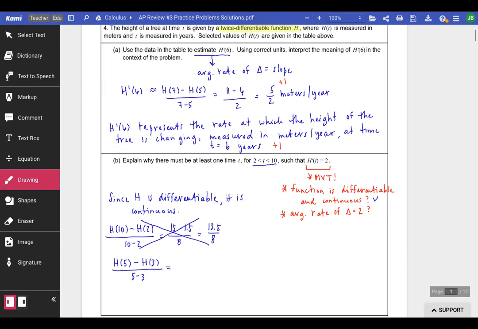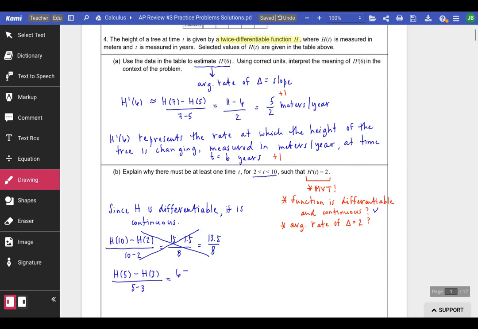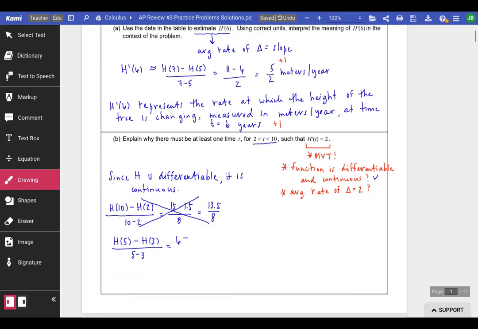So h of 5 is 6, h of 3 is 2, over 2 equals 4 over 2, which is equal to 2. Now I've got an average rate of change that's equal to 2. And since the interval from 3 to 5 is within the interval from 2 to 10, we're still okay here.